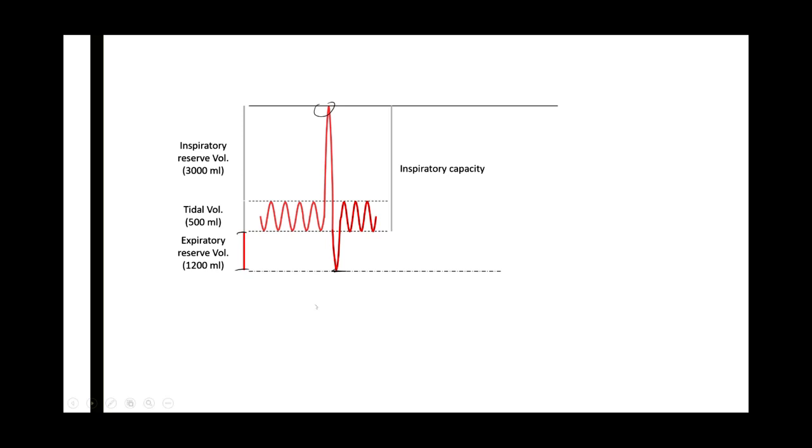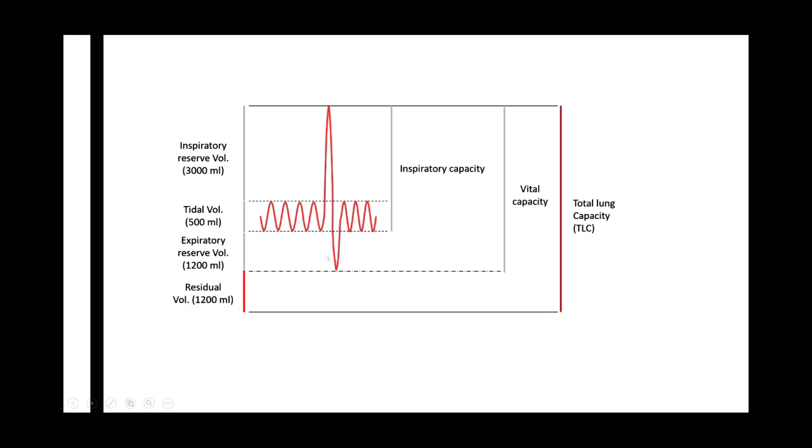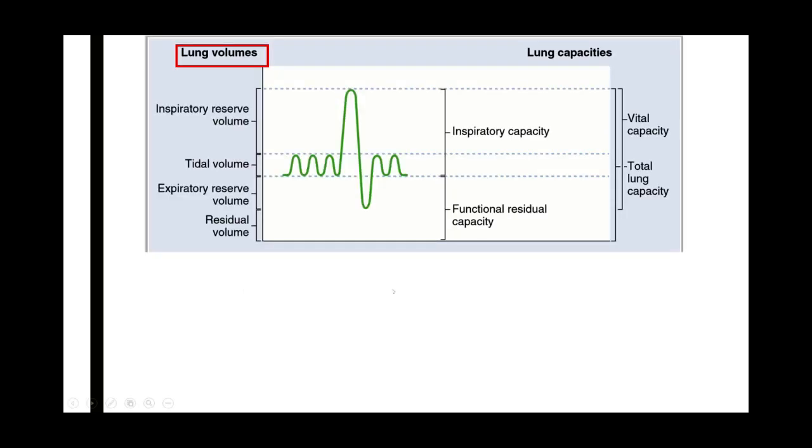The terms are pretty intuitive, so I hope this clicks with you guys. The vital capacity is all three of these volumes added together. The total lung capacity is the vital capacity plus the residual volume, and that's what's left in the lungs after maximum expiration. The functional residual capacity is made up of the ERV plus the RV, so the expiratory reserve volume plus the residual volume.